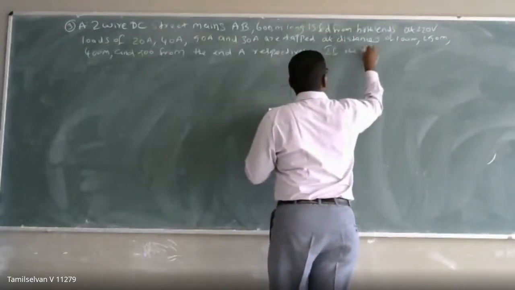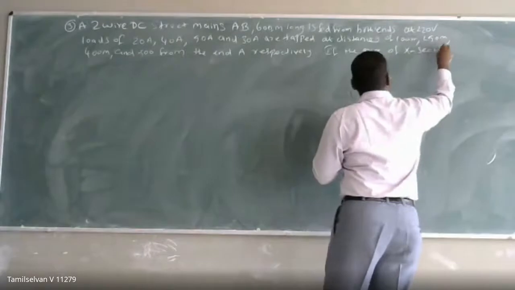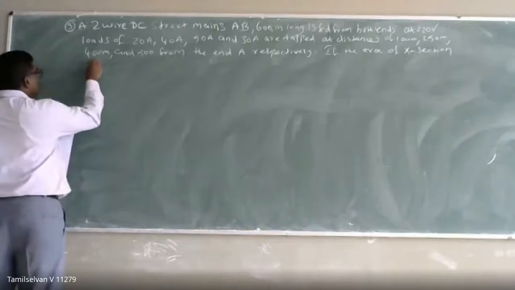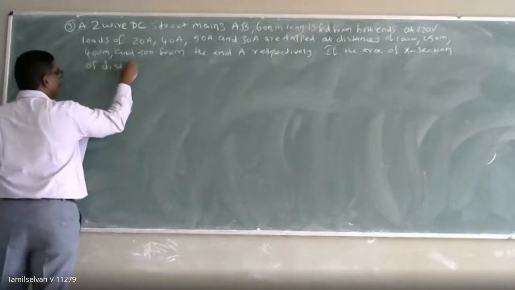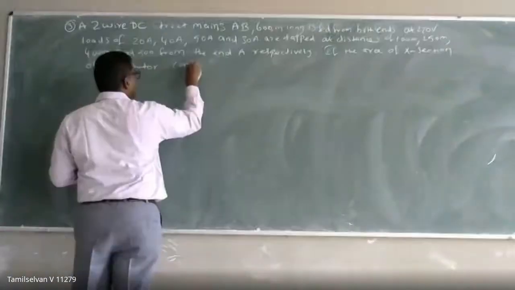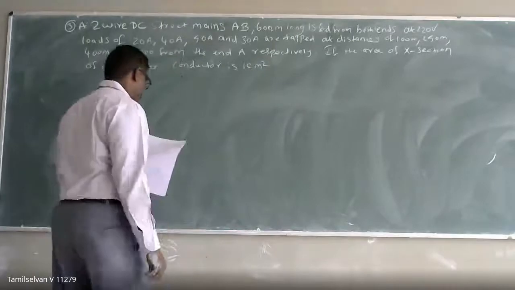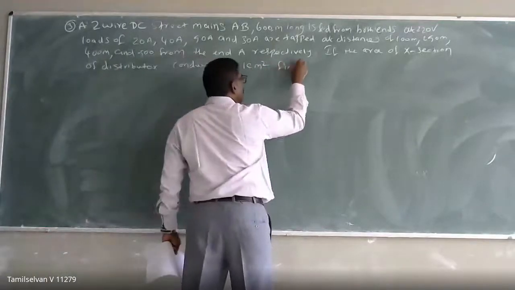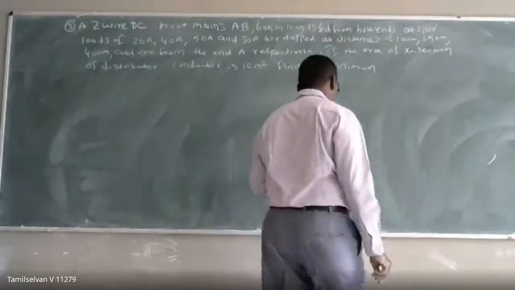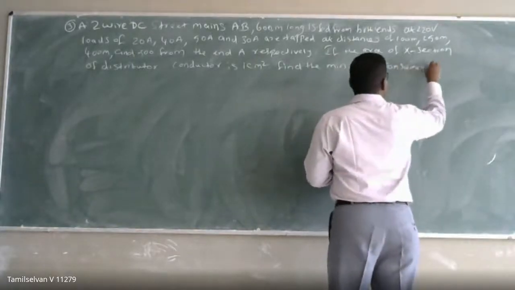If the area of cross section of the distributor conductor is 1 centimeter square, find the minimum consumer voltage.